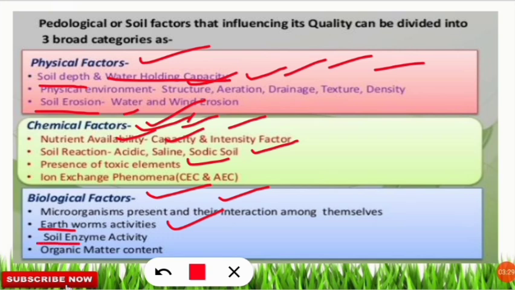Similarly, soil enzyme activities: the enzymes generated by the microorganisms are also a major factor in soil quality. Similarly, the organic matter content of the soil is very helpful, that is humus content, whether it is more or less. All these are biological factors played by microorganisms, earthworms and different small organisms present inside the soil. So these 3 factors contribute to the quality of the soil.